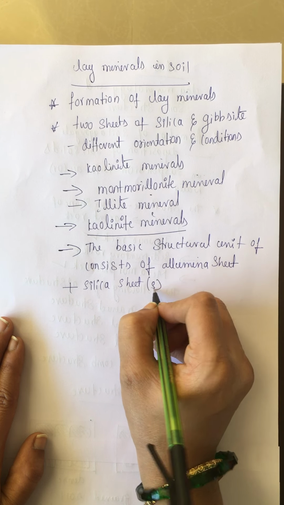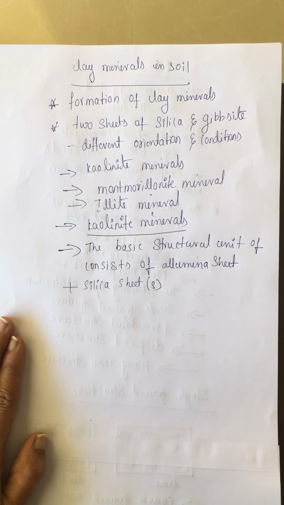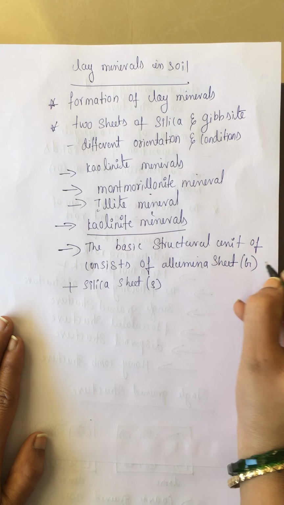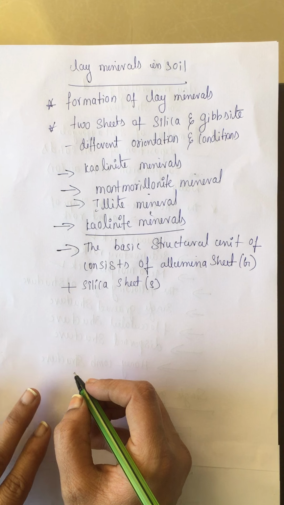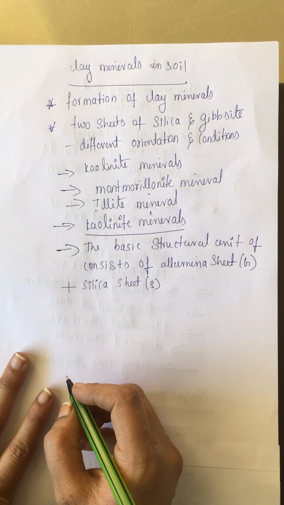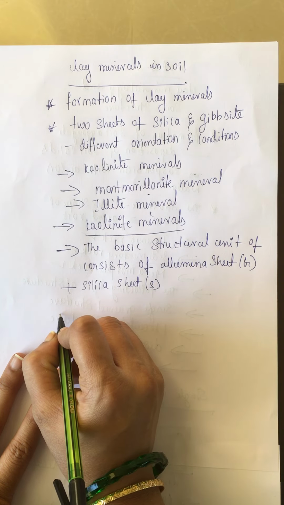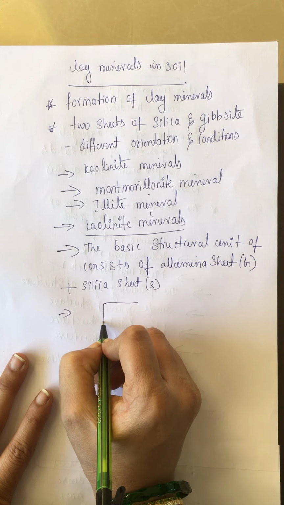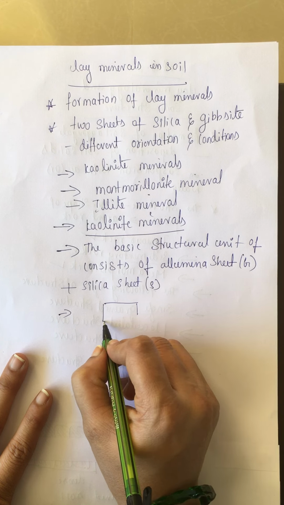The silica sheet is written as S, and the alumina sheet can be written with the letter G. This consists of building blocks of alumina sheet, gibbsite, and silica sheet arranged as shown in the figure. I will show you the figure. You can write down the shape of kaolinite mineral in nature.